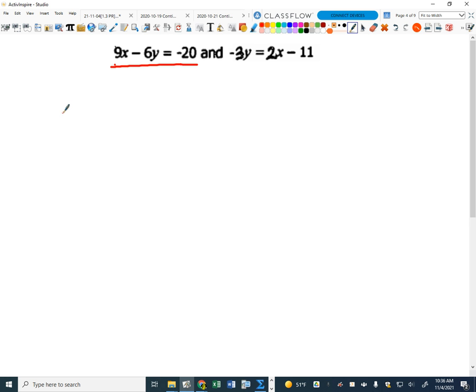What about this one? If I want to solve for y there, let's do this in 1 step. We'll write it down, but let's do it in 1 step. What am I going to get on the other side if I isolate that y? Well, I'm going to get a negative 9x minus, who cares really, right? Divided by negative 6.